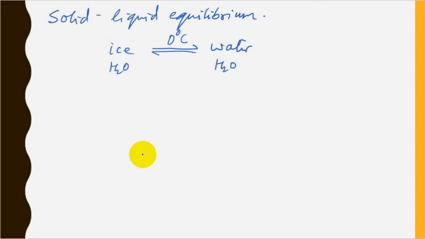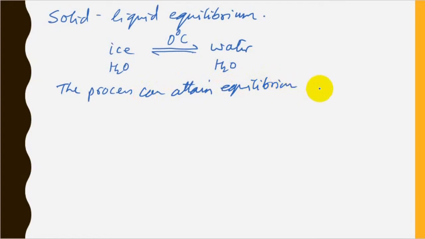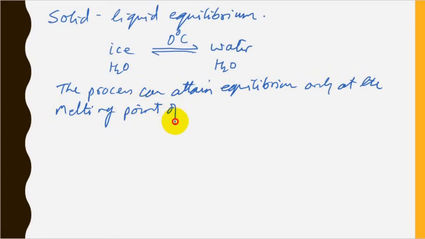So there is a condition. It cannot occur under all conditions. This can take place only at this condition, isn't it? That means this process can attain equilibrium only at the melting point of the solid, actually, isn't it?